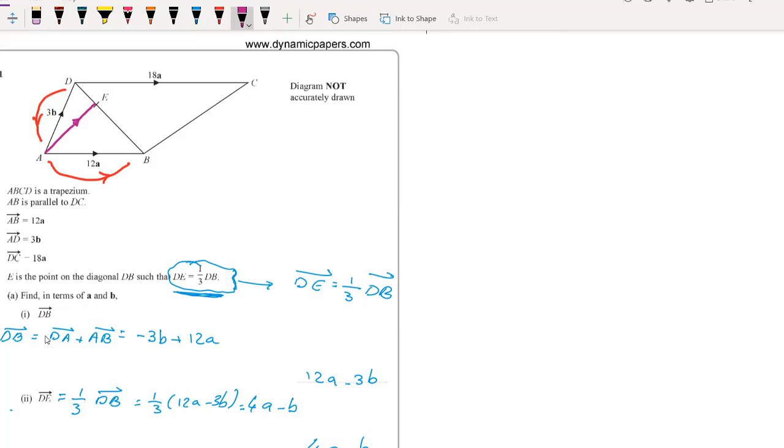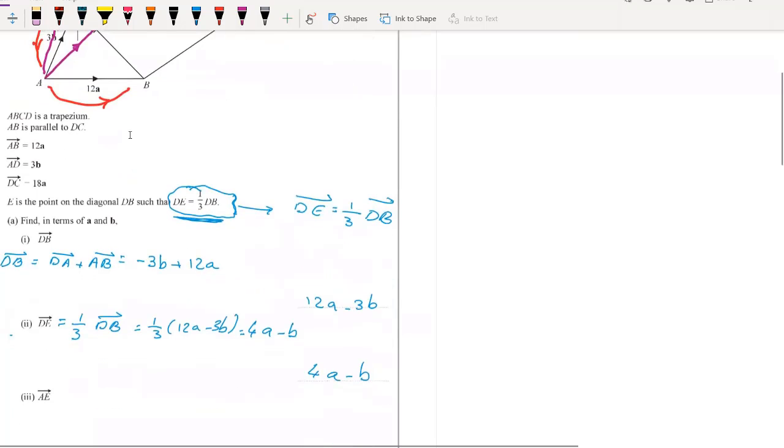We have AD vector here and DE vector. Okay, we got DE vector already in terms of a and b. So we will use AE vector as the sum of AD plus DE. So AE vector is the sum of AD vector plus DE vector.